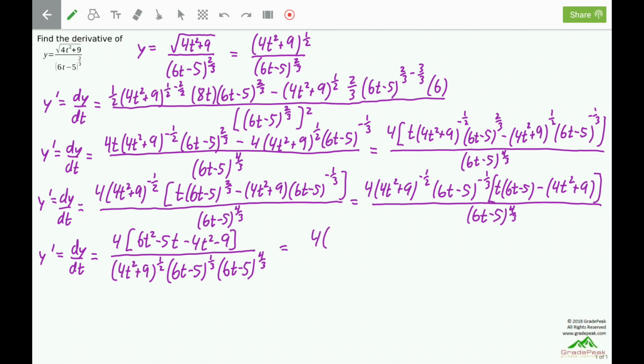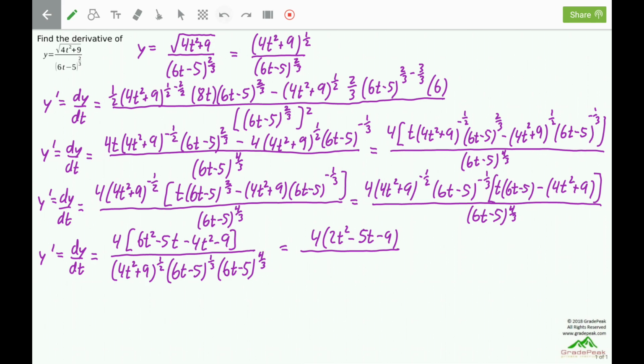Okay, in the numerator, let's combine like terms together. 6t squared minus 4t squared is a 2t squared. We have a minus 5t. That's not going to combine with anything. And then we have a minus 9, which also won't combine with anything. And then in the denominator, we are going to be able to combine these because they have matching base.